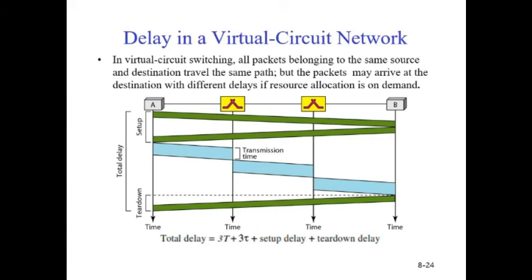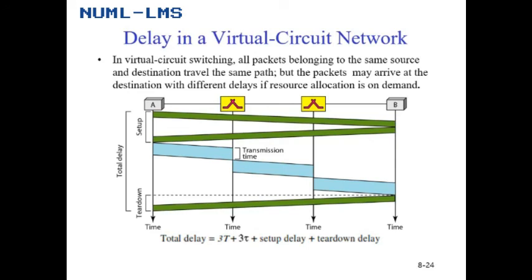Alright guys, let's talk about the delays in virtual circuits. In a virtual circuit network, there is one time delay for setup and one time delay for teardown. If resources are allocated during the setup phase, there is no wait time for individual packets. So we already set up the path.